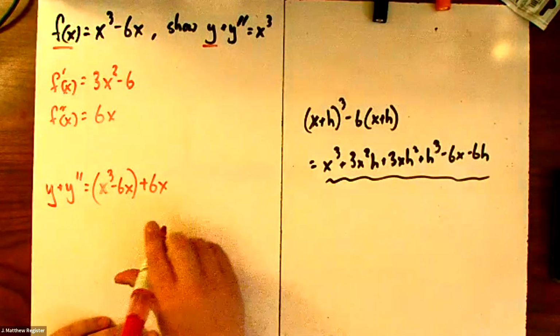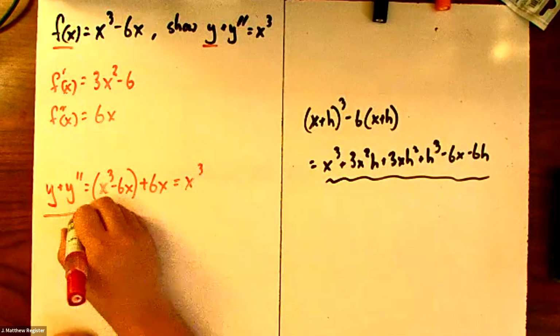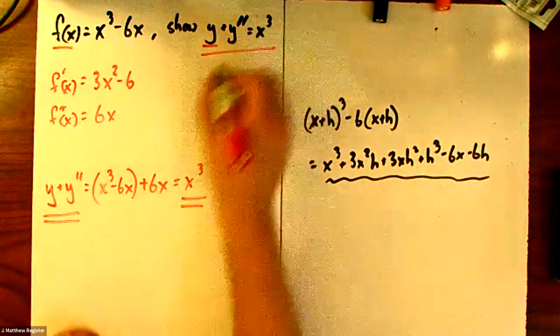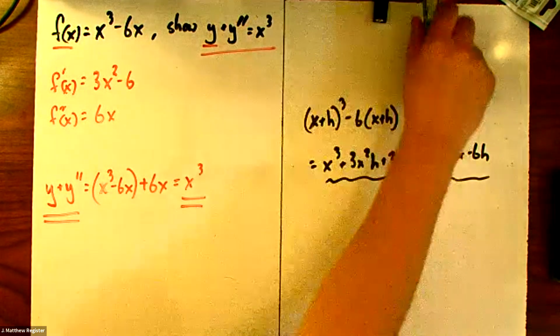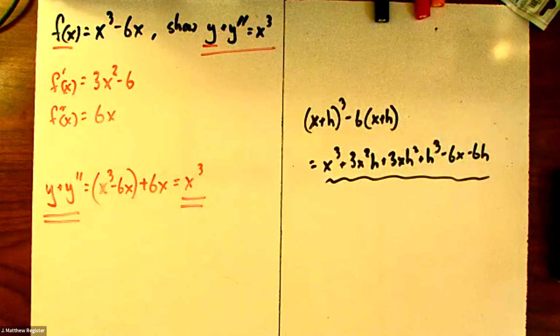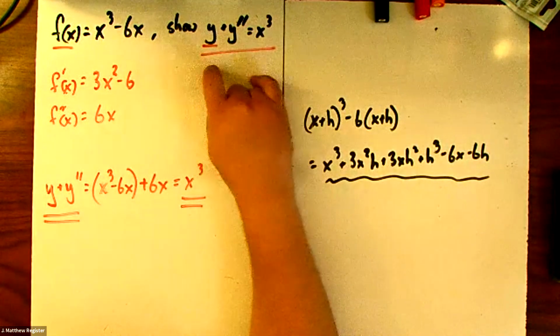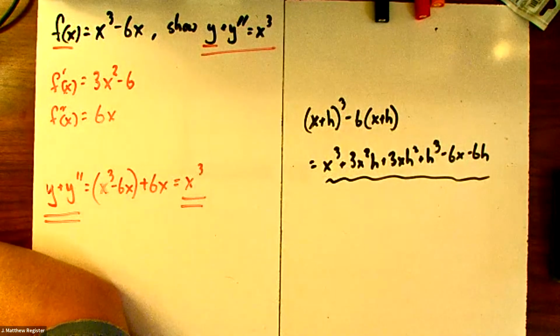And notice stuff cancels. And there we've proven it. And so that's an example of a differential equation where you're just trying to show that it's true. Eventually, we'll actually have to figure out these solutions to these things just from the equations themselves. And that is much, much more difficult.